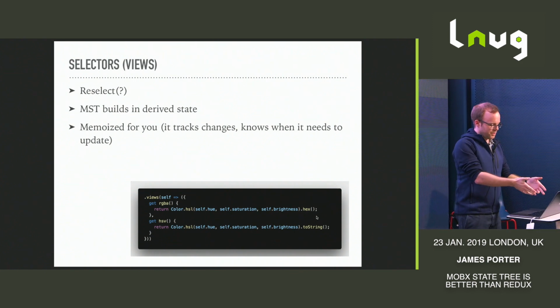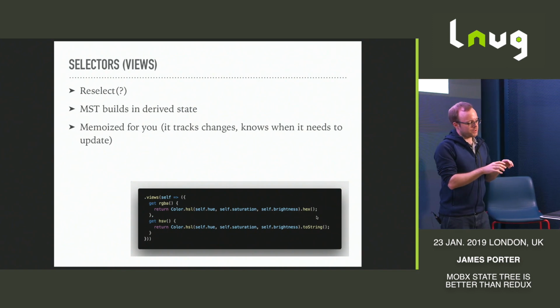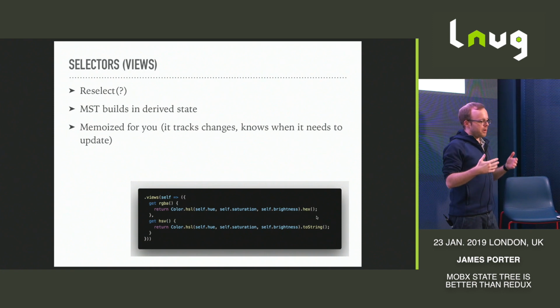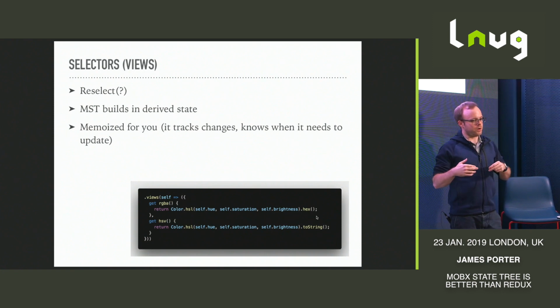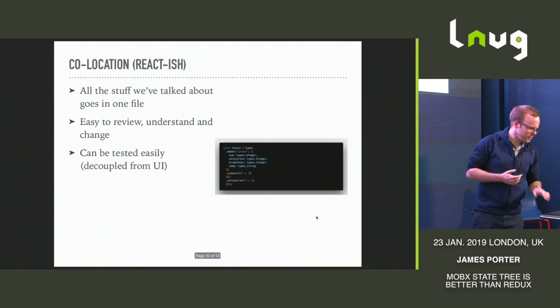So you can define this views thing, which maps your state to derived data. And it will also automatically memoize this, so it knows when you've changed one of the things that goes into this underlying thing, and it will update that selectively rather than updating everything all the time.